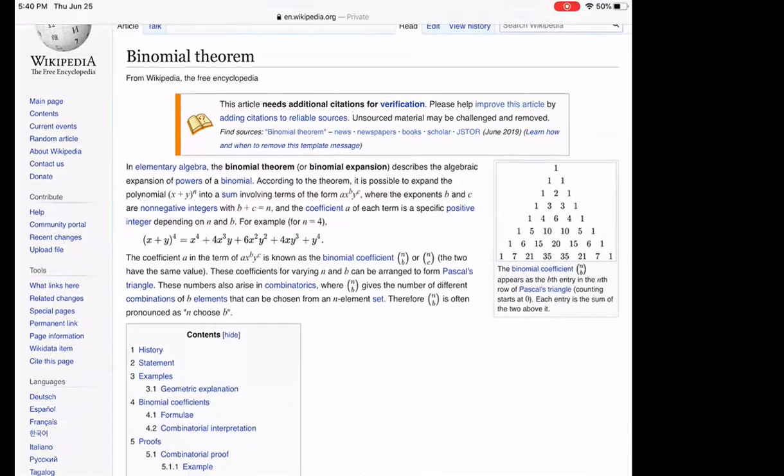I think that's what we want to make use of, the binomial coefficient. Let me just refresh my memory.